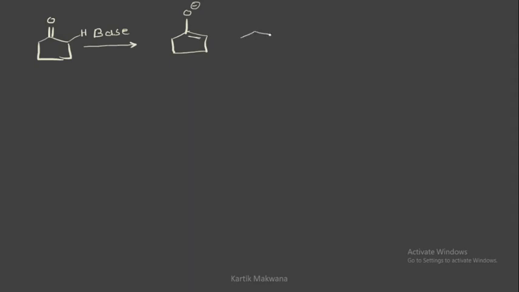Now the second molecule of the reactant will come and the enolate will attack on the carbonyl carbon and this bond will be opened, right? So we will get the molecule like this. Here it is a double bond O and a new carbon-carbon bond will be formed. The second five membered ring is as it is.